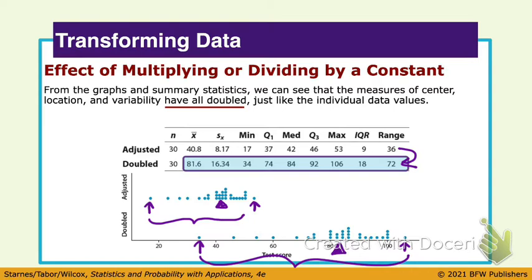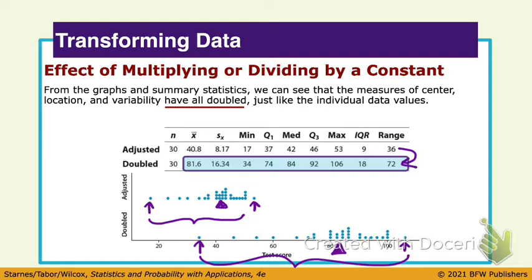Same thing would happen with division, except it would shrink the distribution. I would divide by a number, and that would shrink everything down. My original mean would be divided, and my range would be cut in half or in thirds or whatever I'm dividing by.